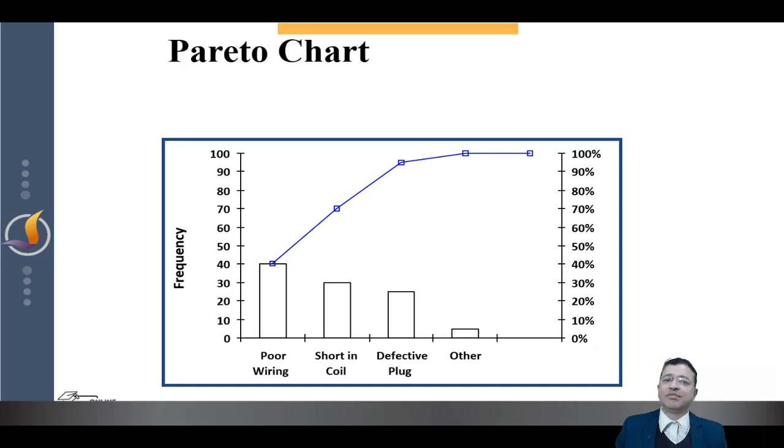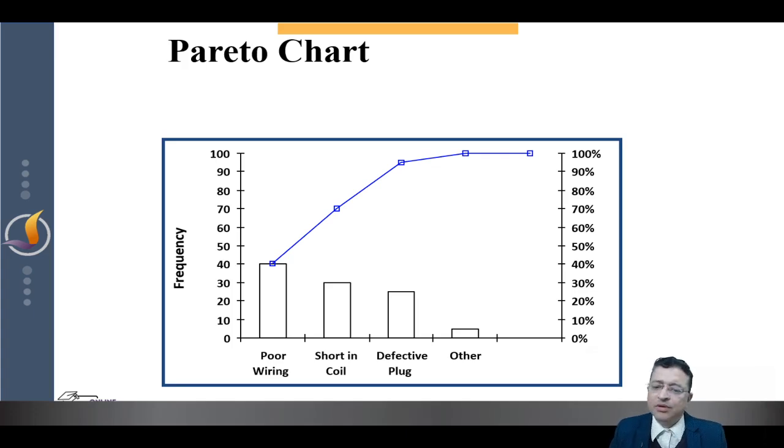If I have to take some corrective measure and I want to maximize my output, I want to do things correctly in a speedy manner. So I need to understand what those types of problems are which are responsible for the maximum thing, right?